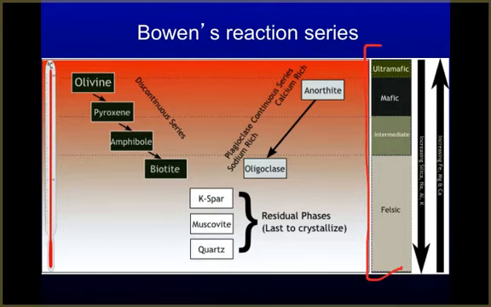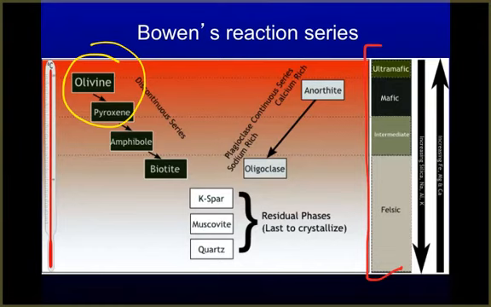And how you're going to use this is basically what Bowen's reaction series tells you. So if you are looking at a rock that has an uncertain color index, let's say it's just kind of gray, not light, not terribly dark, but what you can see are olivine and pyroxene phenocrysts.